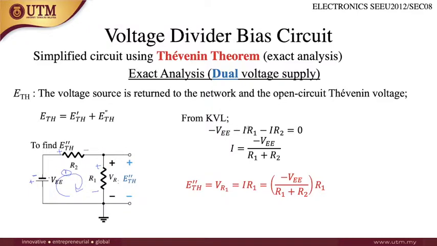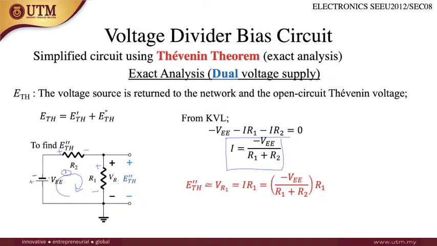The reason the current I is the same as before is that the current flowing from R2 is the same as the current flowing to R1, because this is an open circuit. So rearrange this equation, and you will get the value of I is this.